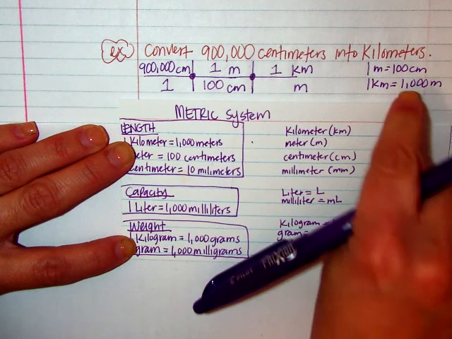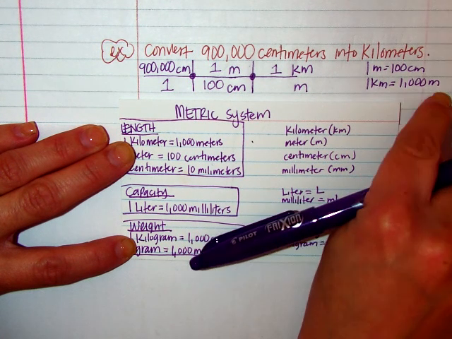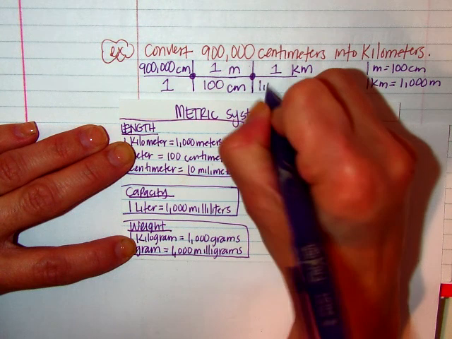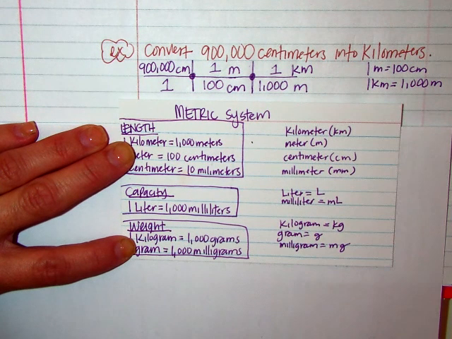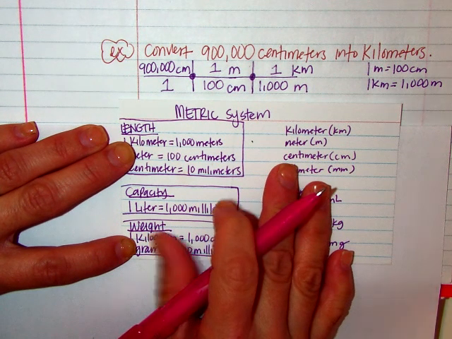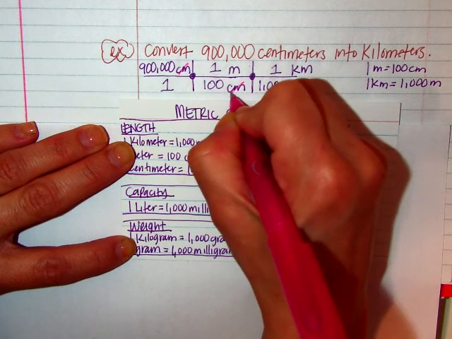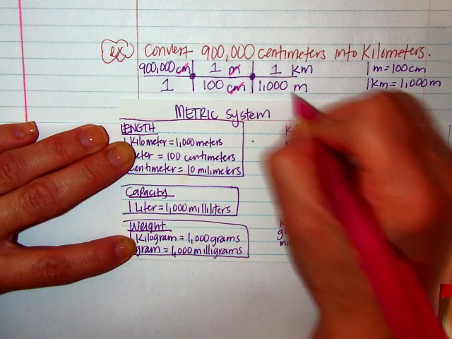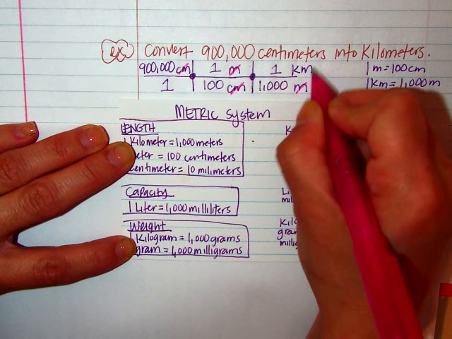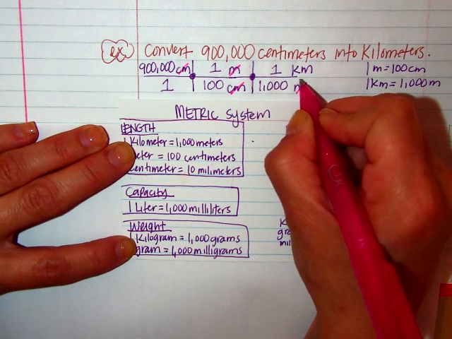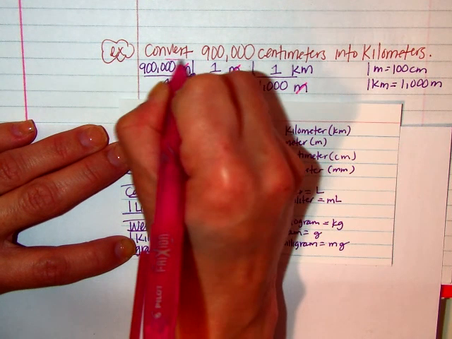And then I have 1,000 meters. Now we can eliminate the centimeters, which we don't need, the meters, which we also don't need, and now we do have those kilometers. From here, go ahead and multiply straight through.